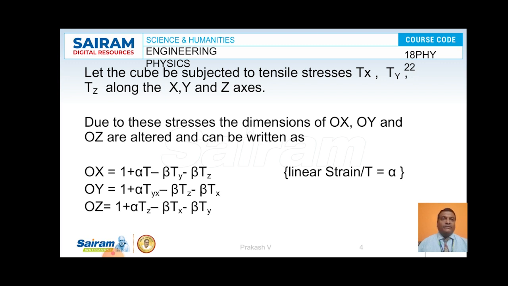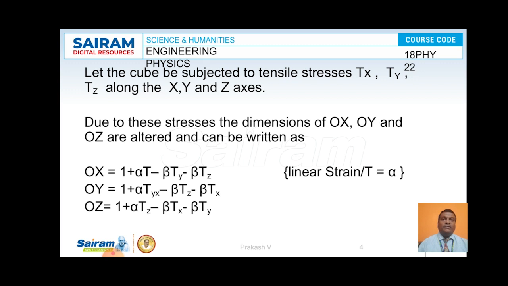The altered value of Ox will be written as 1 plus alpha Tx minus beta Ty minus beta Tz, and the altered length along Oy is given as 1 plus alpha Ty minus beta Tz minus beta Tx, and the altered length along Oz will be 1 plus alpha Tz minus beta Tx minus beta Ty.